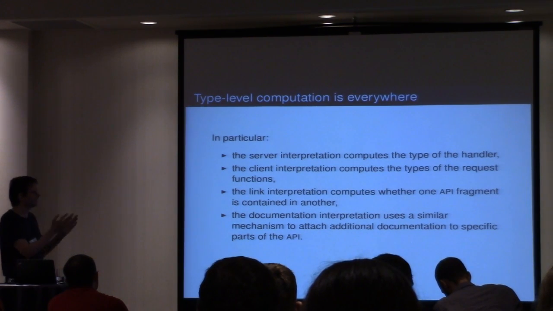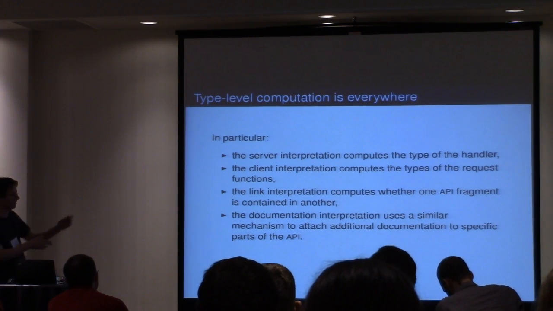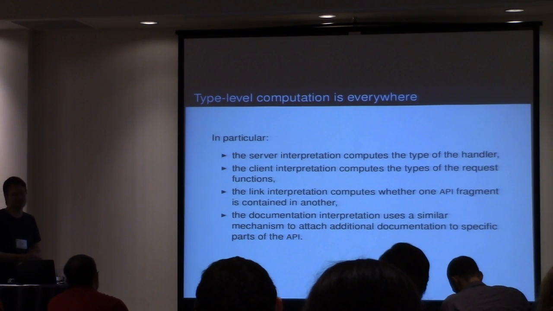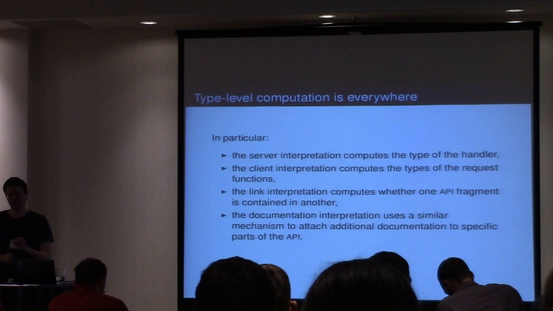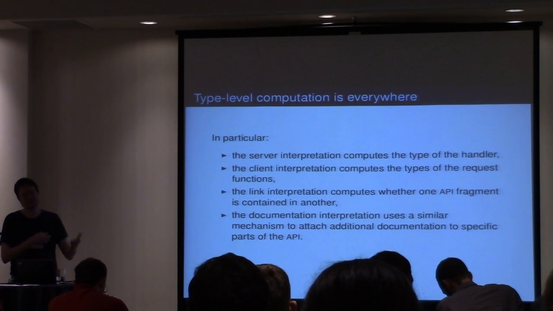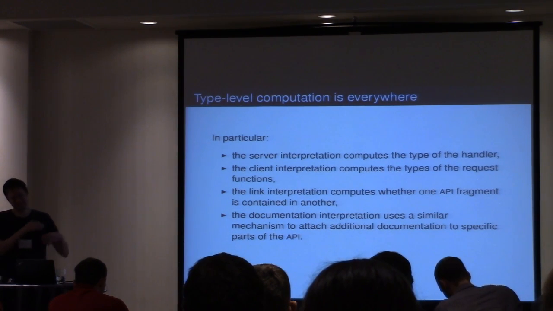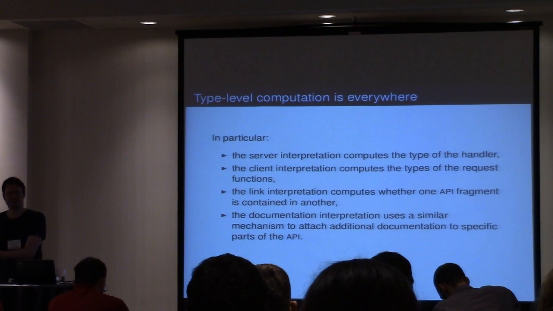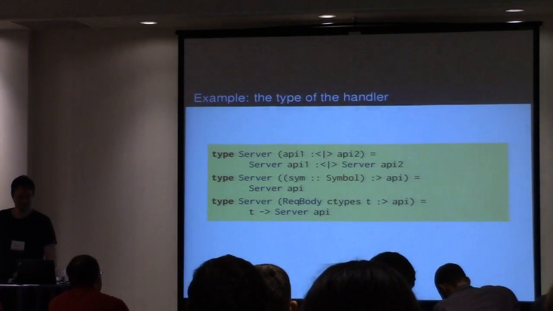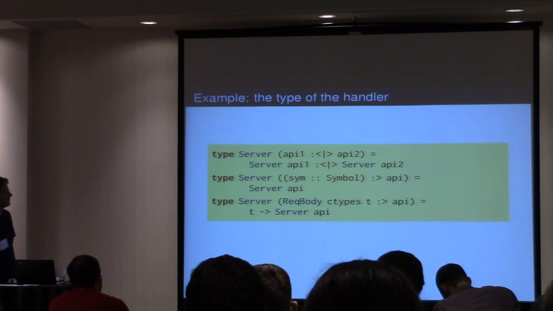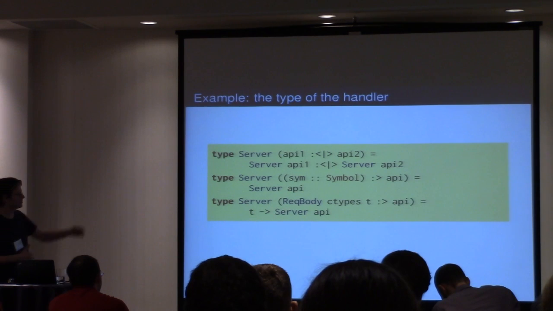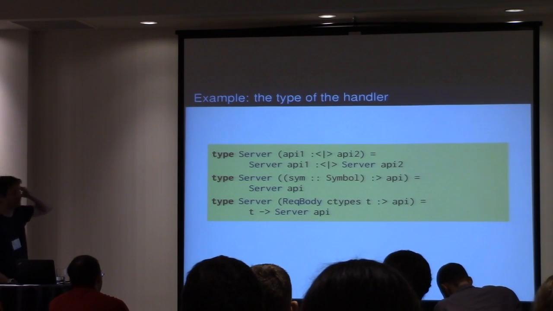And the documentation interpretation also uses something like the link interpretation in order to give you a mechanism to attach specific additional documentation, such as what a method does or what a particular part of the API is for, to certain parts of the API. So here, as a small example, is how the handler type function instances look for the server interpretation.